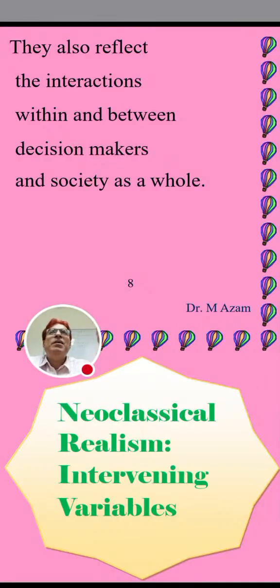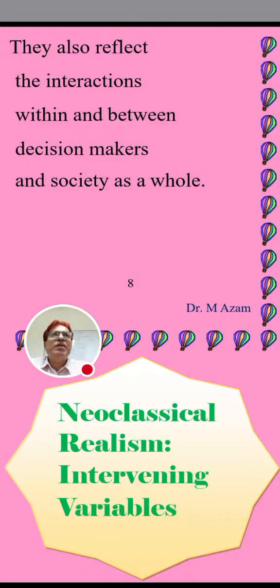For example, interactions between the foreign minister and the army chief. For example, the interaction between the army chief and the prime minister, and the president, and the speaker. So these are also interactions within the policy makers, decision makers. They are also explained by these models.